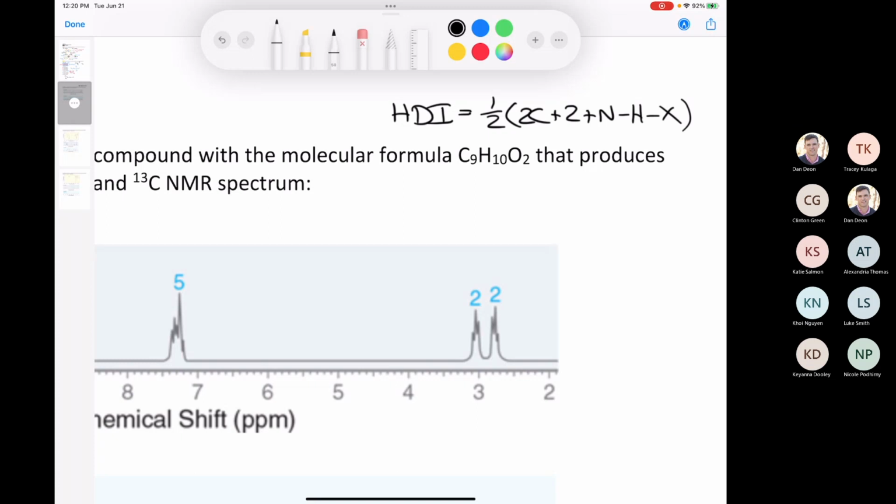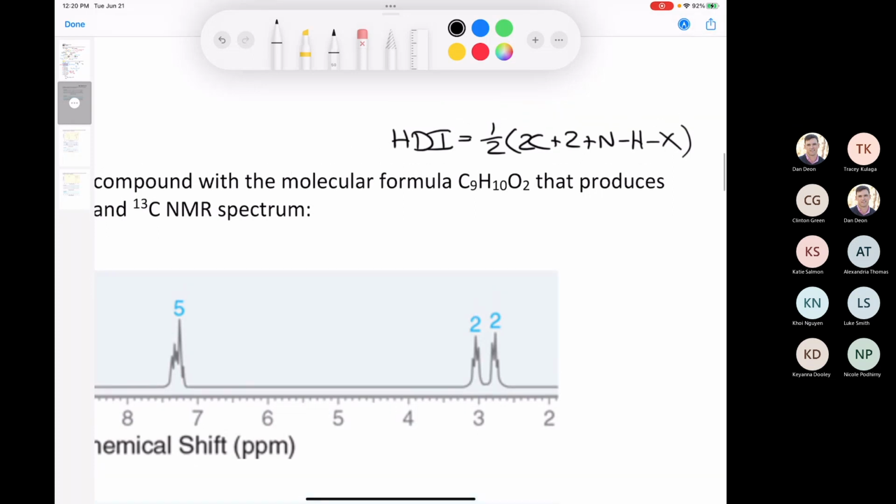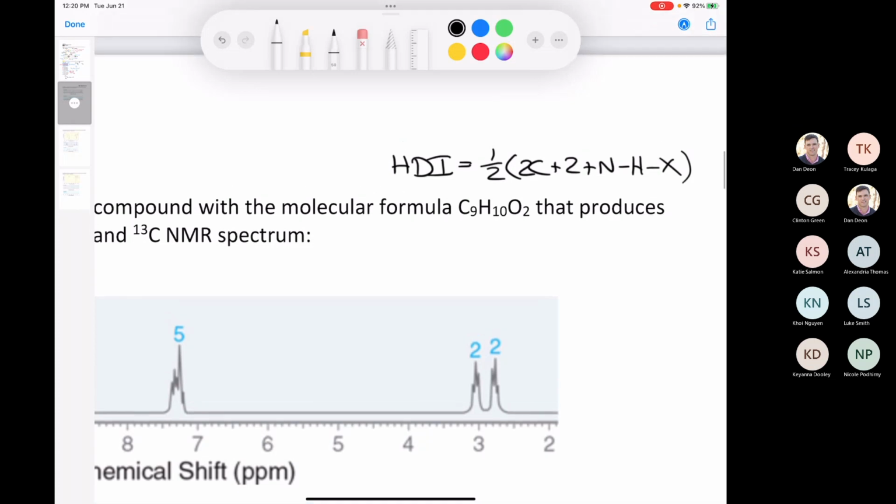Did anybody get a number here? Okay, so our HDI would be 5 for this compound. Thanks, Kiana. Absolutely, we have an HDI that's equal to 5.